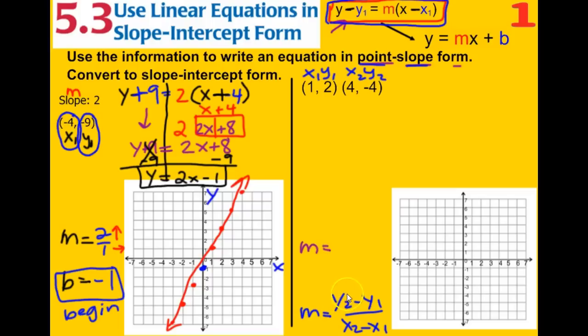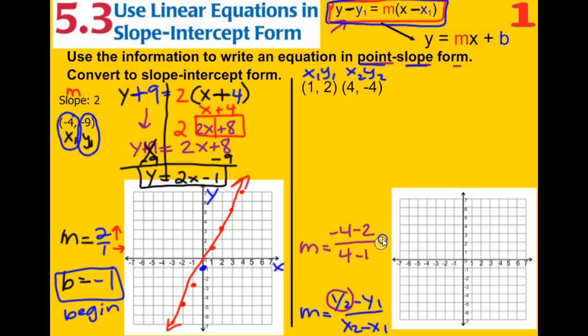So I'm going to plug this in. y2 is really -4 minus y1 right here, which is 2. Then on the bottom, we have x2 right here, which is 4, minus x1, which is 1.